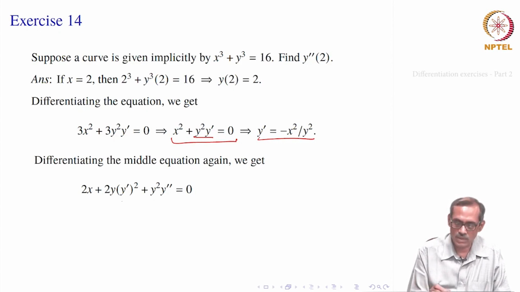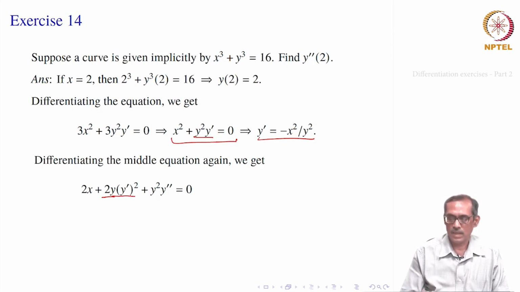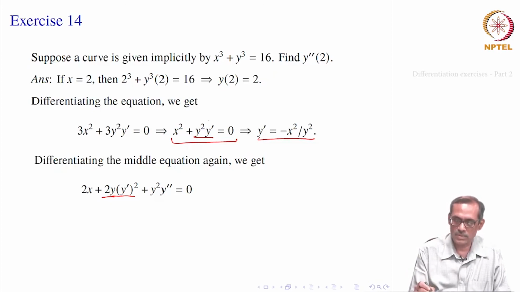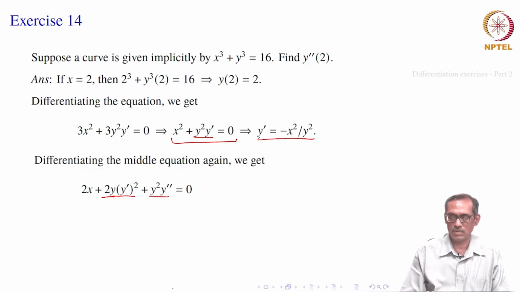So, differentiation of y square gives 2y into y prime, right, with respect to x. So, y square with respect to y into dy by dx. So, that gives 2y y prime, one y prime is there. So, we get 2y y prime square plus y square times derivative of y prime, which is y double prime, that is equal to 0.